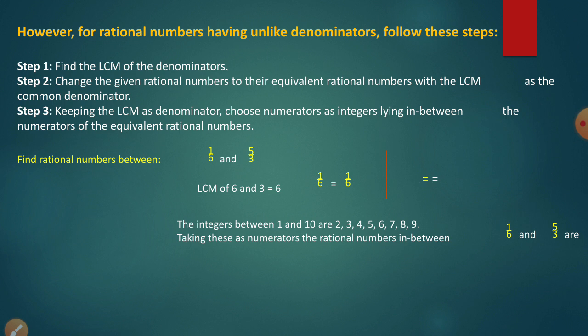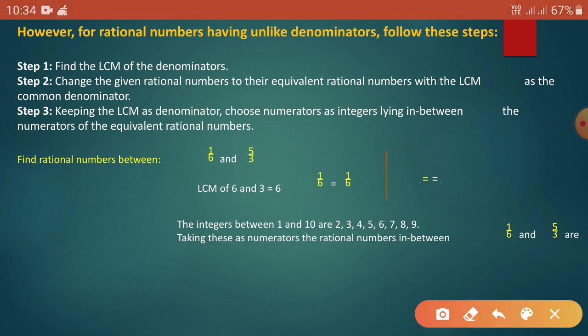We have learned how to find a rational number between like denominators in the previous slide. Now the part is how to find the rational number between two rational numbers with unlike denominators. Follow the steps given below.